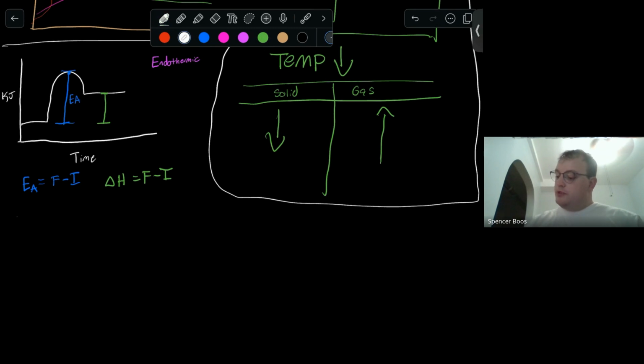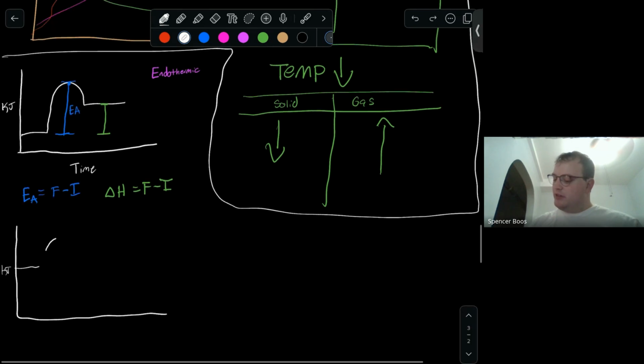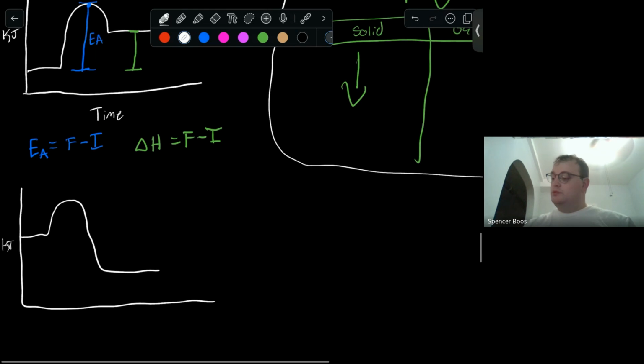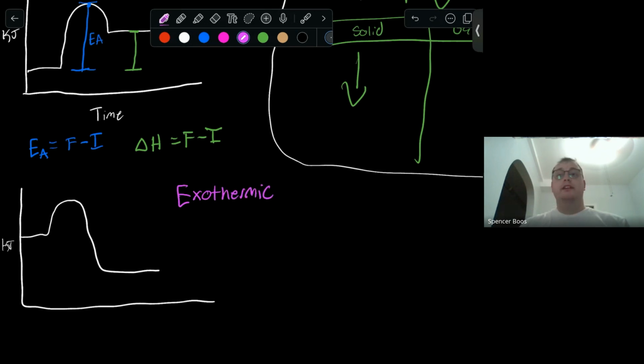For an exothermic graph, again, kilojoules, this is where it's a crappy exothermic graph. Ooh, say something like that. Looks good to me. This should be exothermic. An exothermic graph, we know that it is an exothermic graph because the starting point is above the ending point.